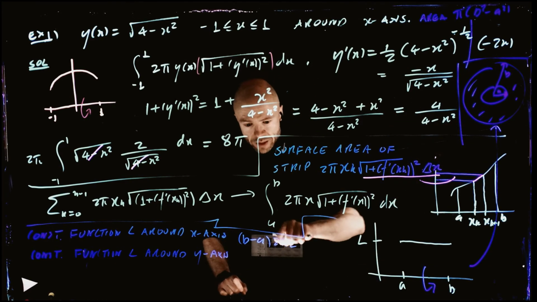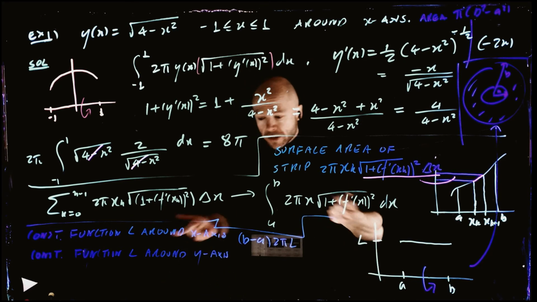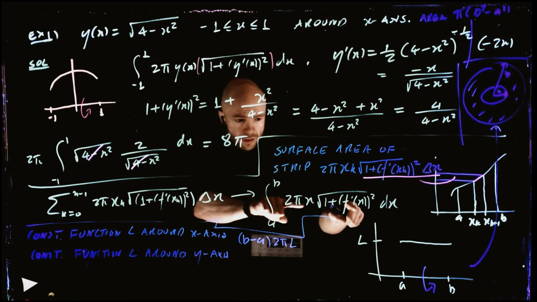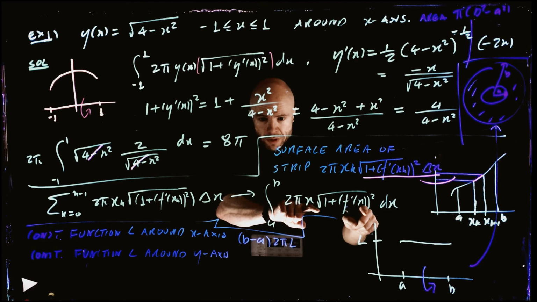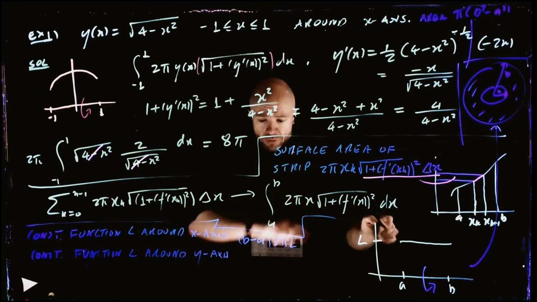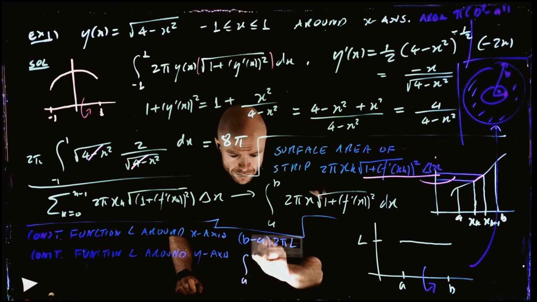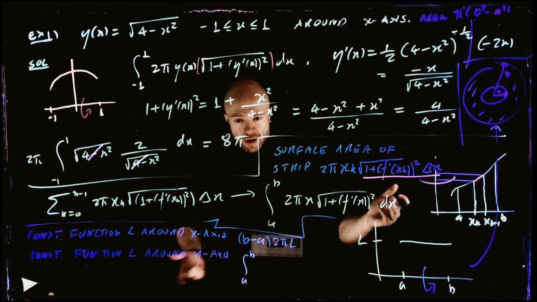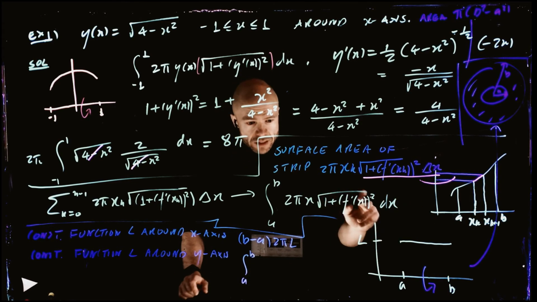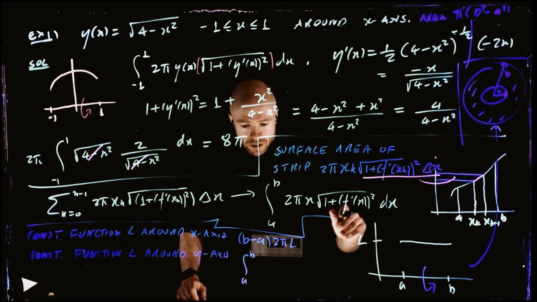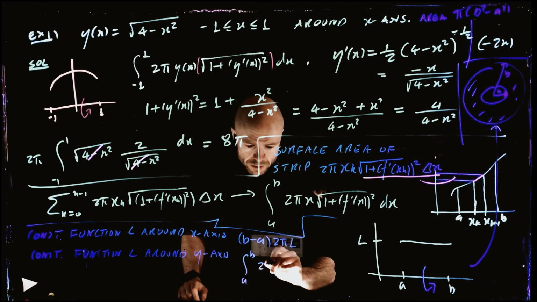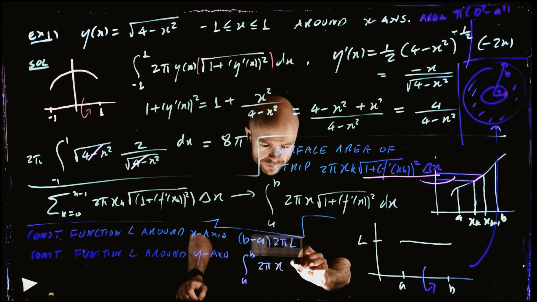Which is a completely different answer than this. It doesn't involve L, and it's just completely different. So let's see. This is the formula we deduced. If we apply this formula, we integrate from A to B, and f prime is 0 because it's a constant function, so this whole square root is 1. Then this is just 2 pi times x dx.